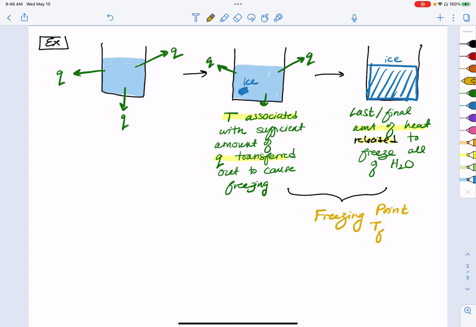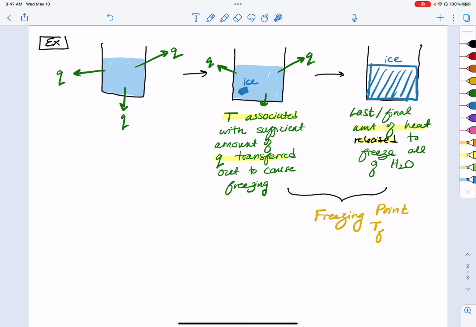So right at the temperature at which we begin to see the formation of ice, that is our freezing point. And if we keep our substance at that temperature, we've pumped enough heat out of the system that we have completely gone to solid, and then we will be dipping below the freezing point after that.